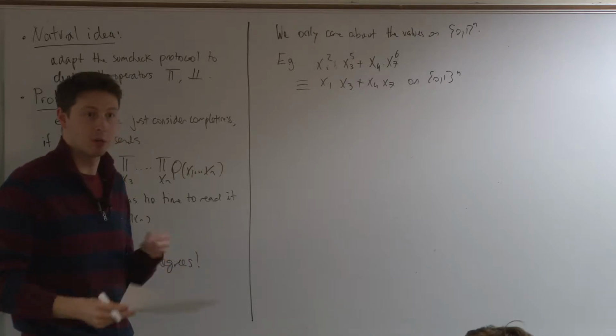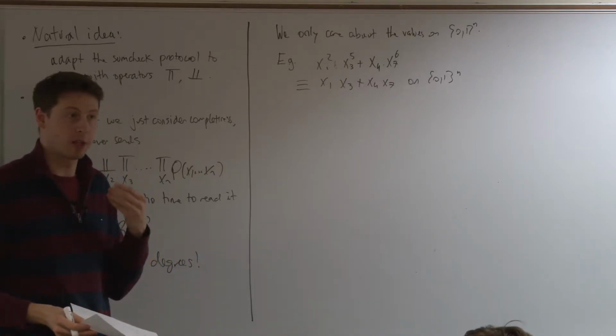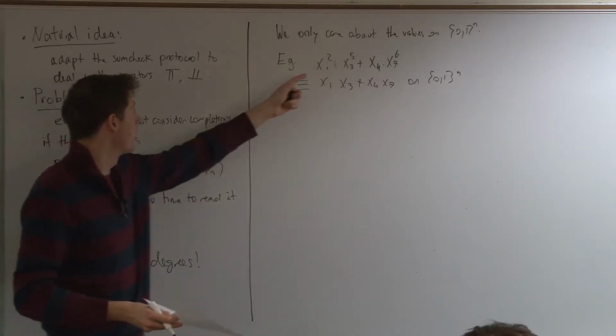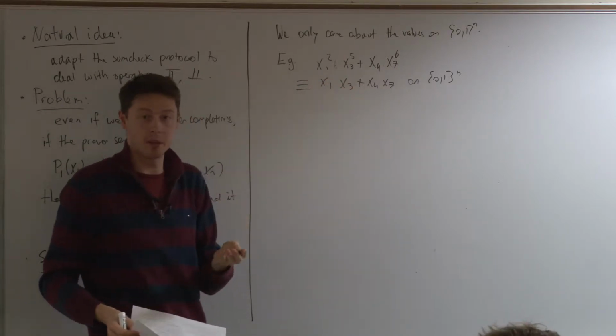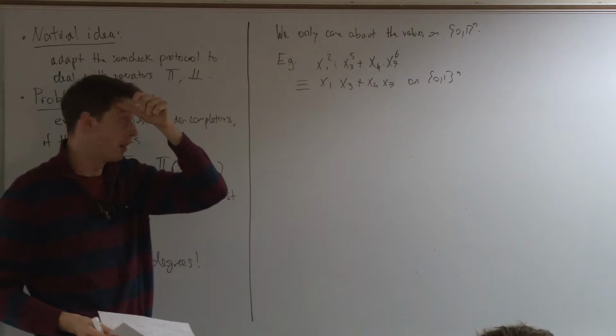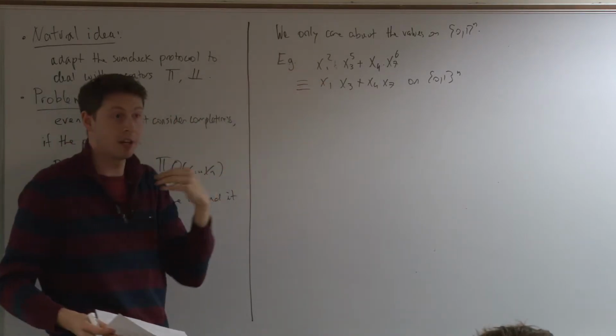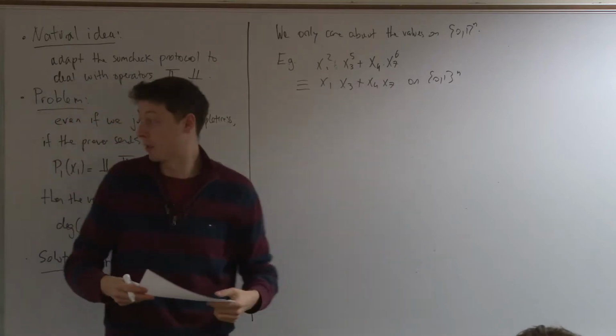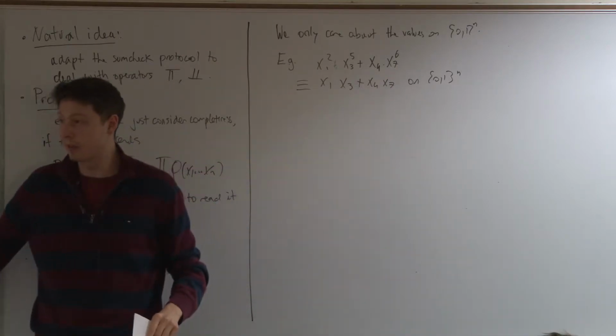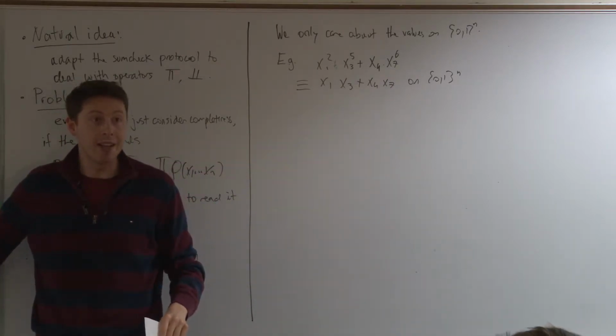Why? Because when you put 1 as a value and you square it or raise it to the 5th power, it doesn't matter. If it's 0, it's 0. If it's 1, it remains 1. Notice these are two different polynomials, but as far as we're concerned, they behave exactly the same way on all values concerned. We are never evaluating any of these polynomials on anything other than zeros and ones.